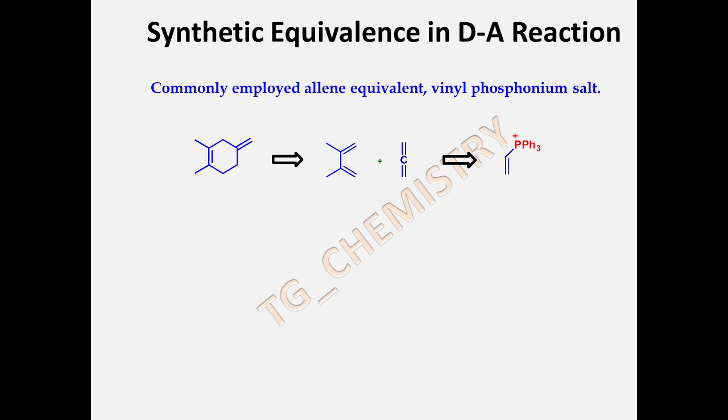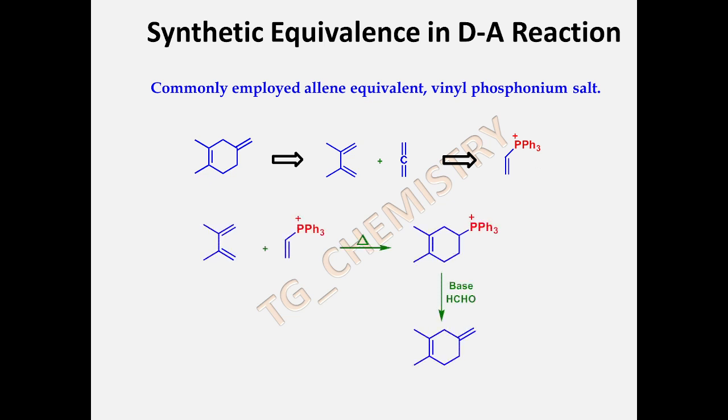Okay, so here also allene is quite a reactive substrate or unit. So in that case you also need to have some masking things, and it can be done by the vinyl phosphonium salt, and eventually that can give you the desired product.